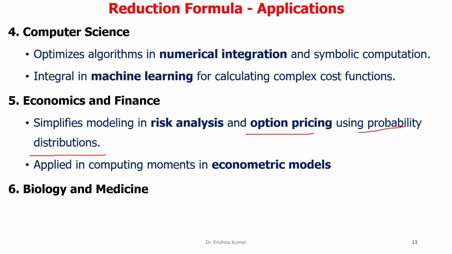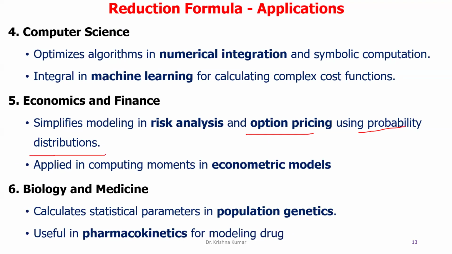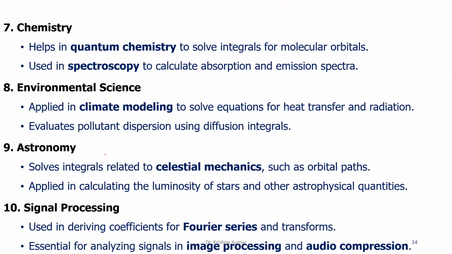Now, the sixth application is in biology and medicine. It calculates statistical parameters in population genetics, and it is also useful in pharmacokinetics for modeling drug absorption and elimination. Seventh is in chemistry.